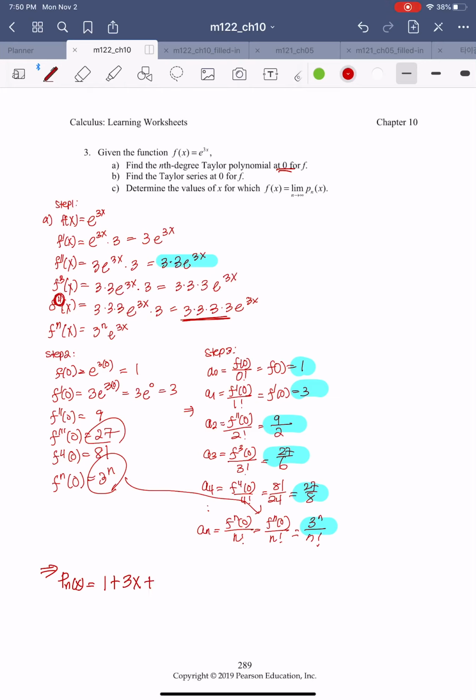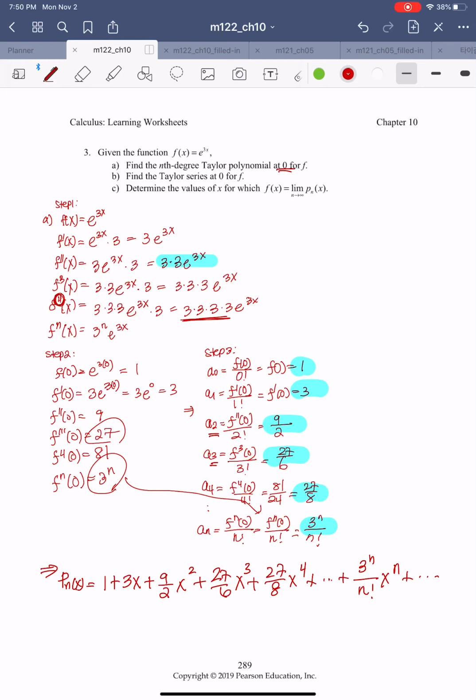The next term will be 9 over 2, because it's the second term, x to the second power. The third term, a sub 3, is 27 over 6. That's the coefficient of x cubed. 27 over 8, x to the fourth, all the way up to 3 to the n over n factorial, x to the n, and then it goes on and on.